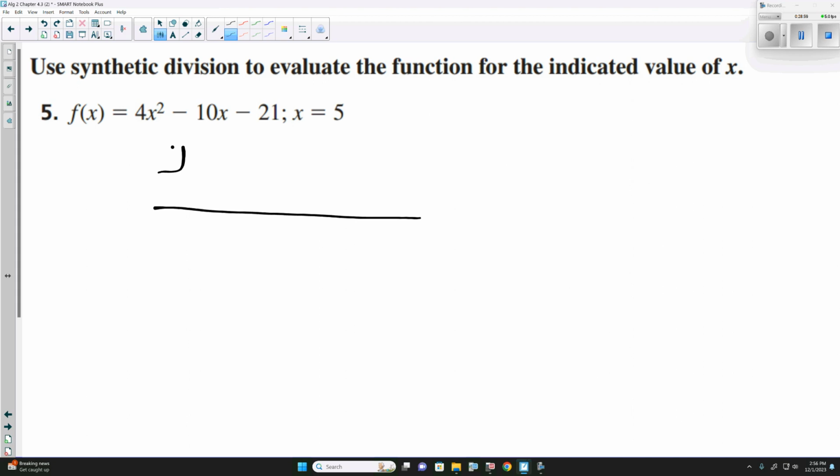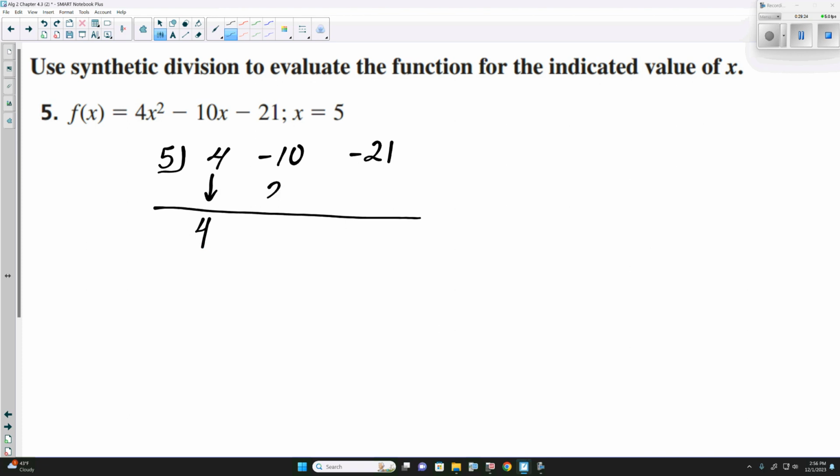So let's do another one of these. It's already set x equals 5, so we're just going to put 5 in the cubby hole. Numbers across the top would be 4, negative 10, and negative 21. The first step is going to be to bring down the 4. 5 times 4 is 20.